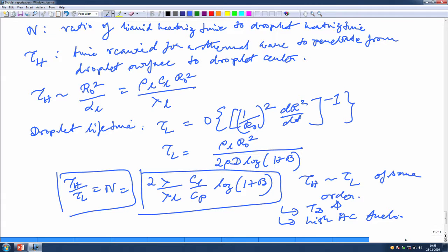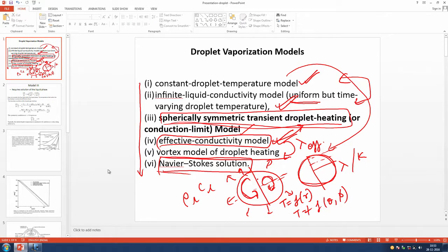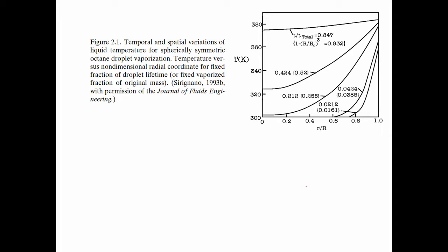Higher hydrocarbon fuels always show this kind of characteristic where the droplet heat up time and the lifetime are almost the same. Let us look at two graphs to illustrate this particular thing taken from Journal of Fluids Engineering. Okay. The temperature versus non-dimensional radial coordinate, right, and you can see even at 90% or 85% of the droplet lifetime, still there is a slope.